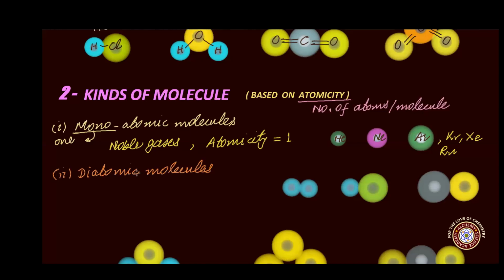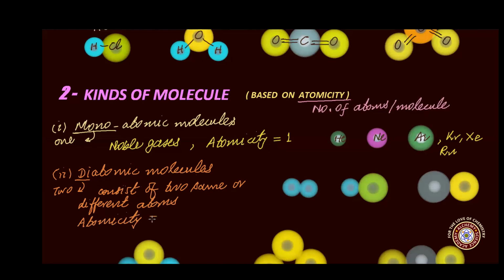It is obvious from the term diatomic that di stands for 2, meaning these are molecules which consist of 2 same or different atoms. It means that the atomicity of such molecules is 2.